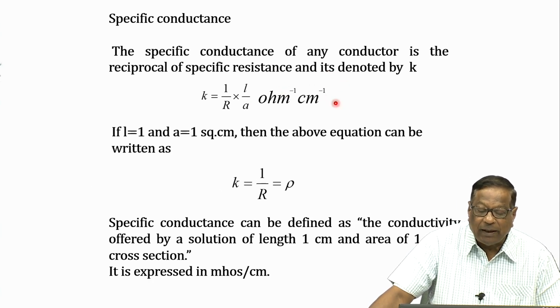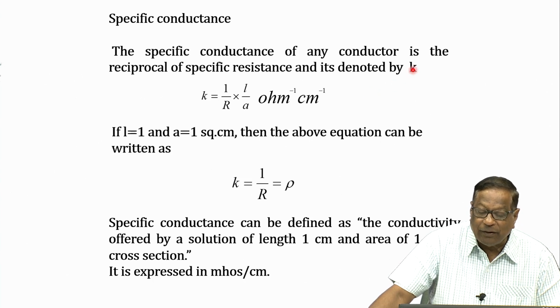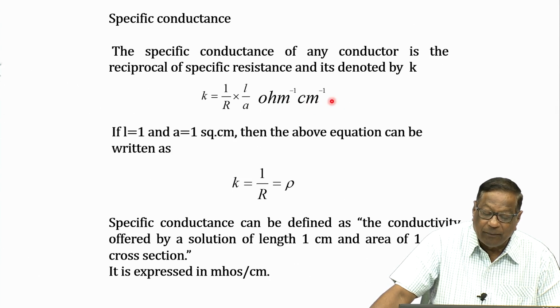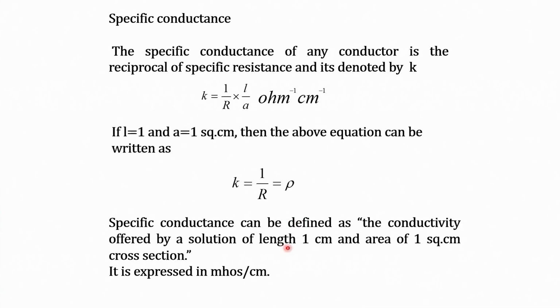How do we denote it? The symbol is K. So, we write K is equal to 1 over R into L by A, that is, length divided by area, and the units are ohm inverse centimeter inverse. Again, if L is equal to 1 and A is equal to 1, K should be equal to 1 over rho. Specific conductance can be defined as the conductivity offered by a solution of length 1 centimeter and area of cross section 1 square centimeter.